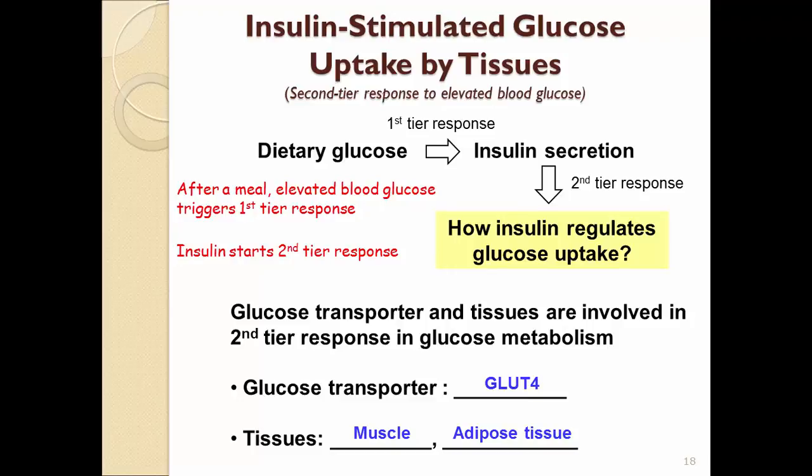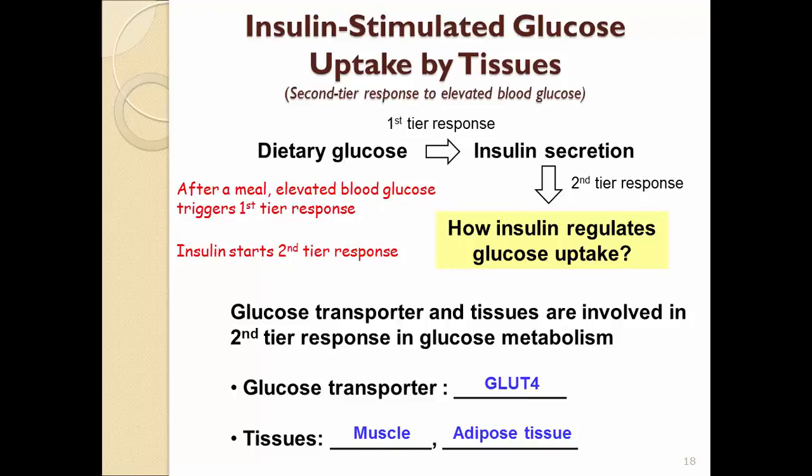Once insulin levels rise, insulin will drive glucose into the cells for metabolism, which reduces the blood glucose level, right? And the very important transporter that we mentioned is the insulin-dependent transporter. Remember this transporter, GLUT4, right?